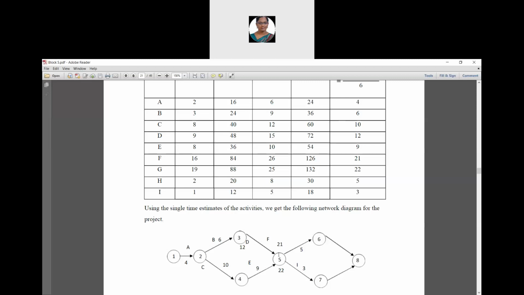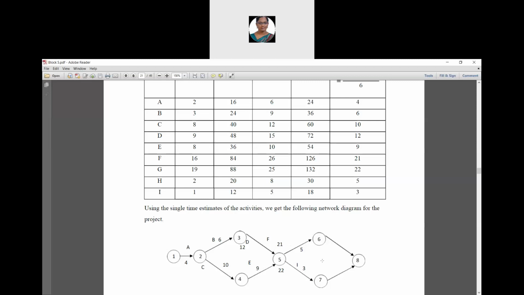Then E has the predecessor activity C and its corresponding time duration value is 9. And F has the predecessor D and its corresponding time duration value is 21.